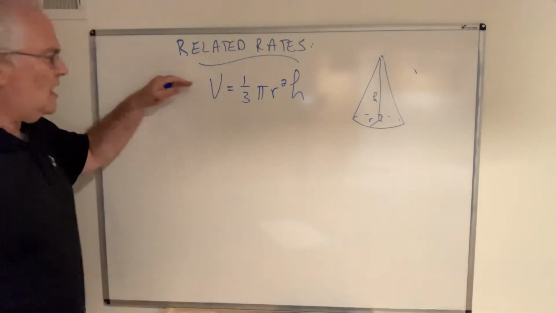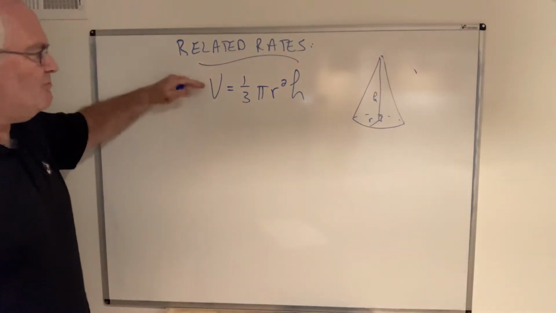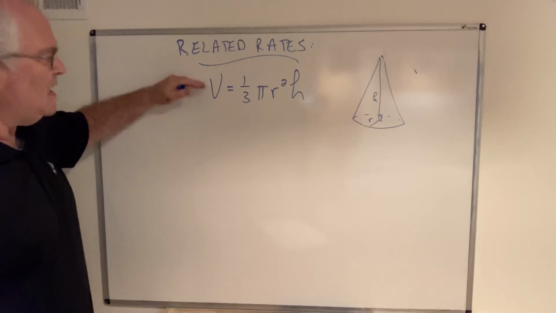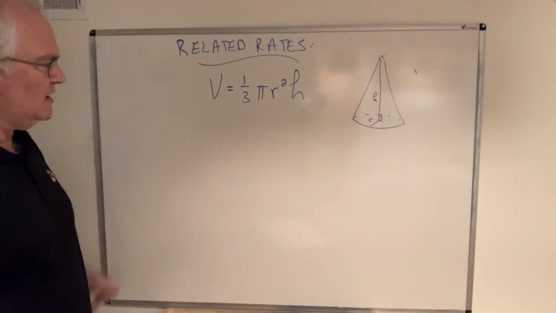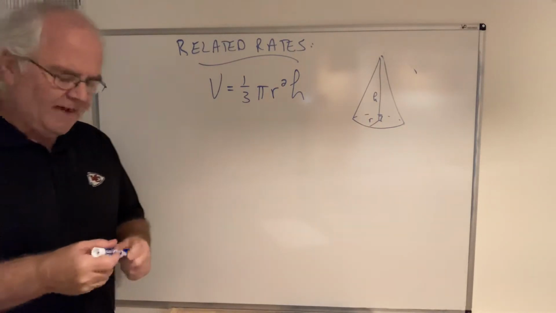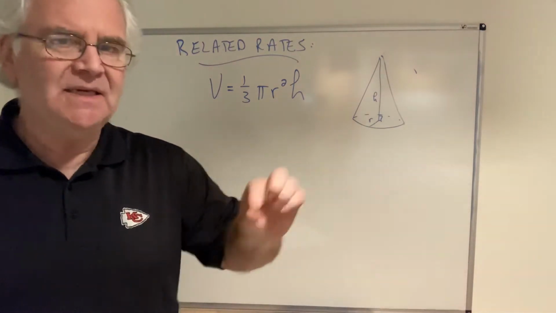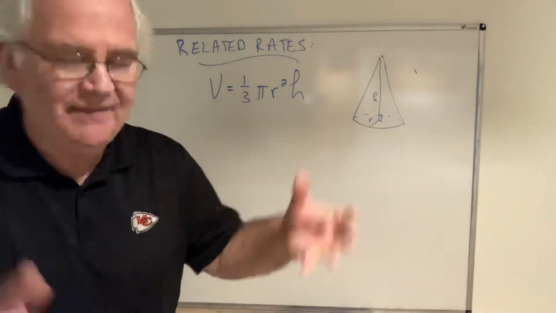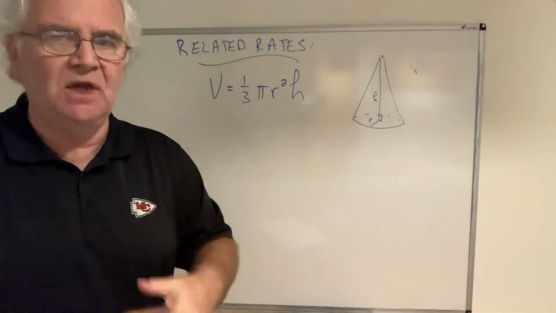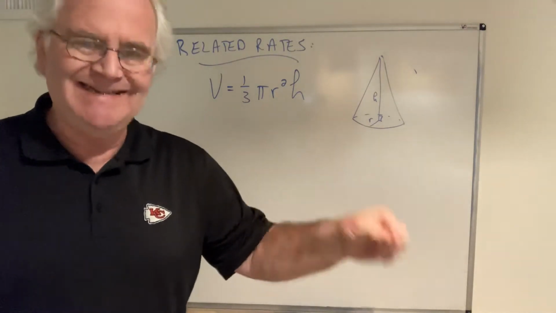You'll recall that we talked about taking the implicit derivative of this, differentiating implicitly. Whenever we do related rates, when we talk about rate, it's how fast, and that implicitly involves the notion of with respect to time.